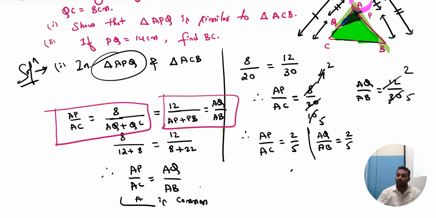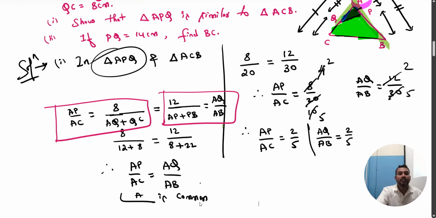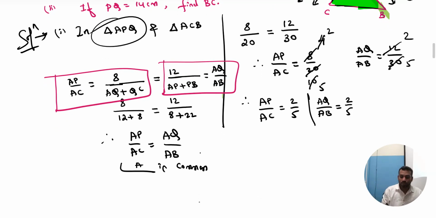Side angle side of first triangle is equal to side angle side of second triangle, am I right? Yes or no? So directly we can come to the conclusion that therefore triangle APQ is similar to triangle ACB.